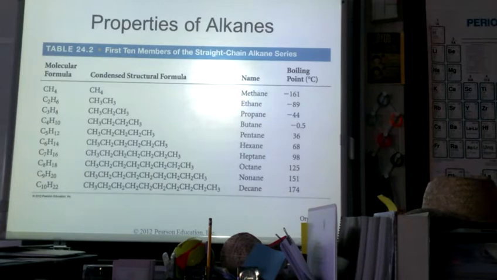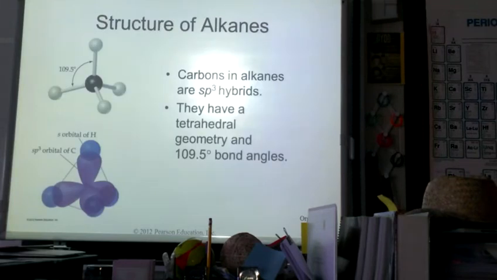So boiling point increases with the length of the chain, and that's because the van der Waals force, the London dispersion force, which would be the only intermolecular force acting for a hydrocarbon, is also going to be increasing as the length of the chain and the molecular weight of each of these hydrocarbons increases, okay?